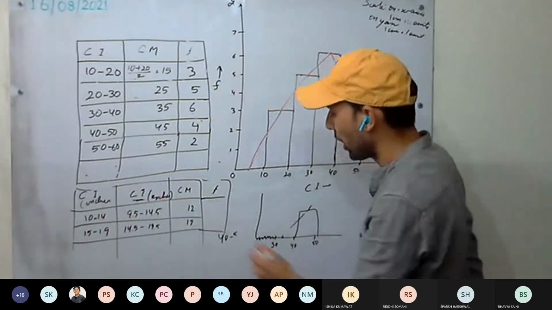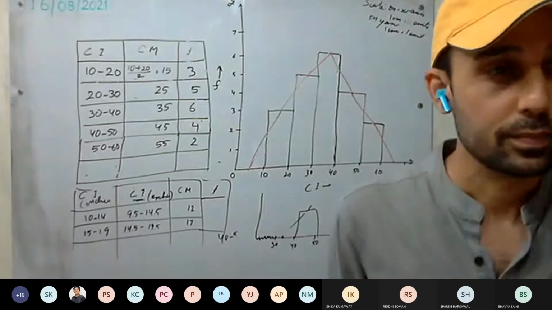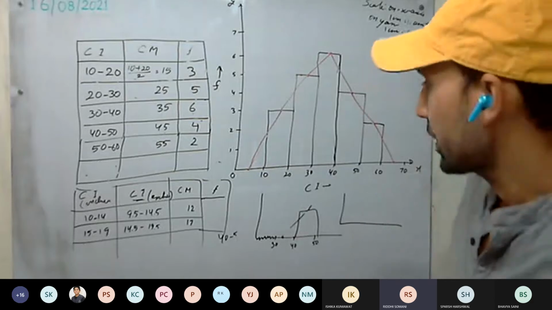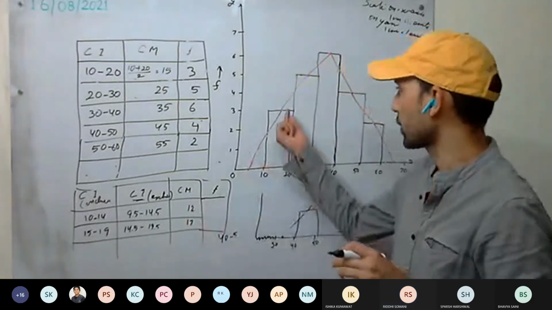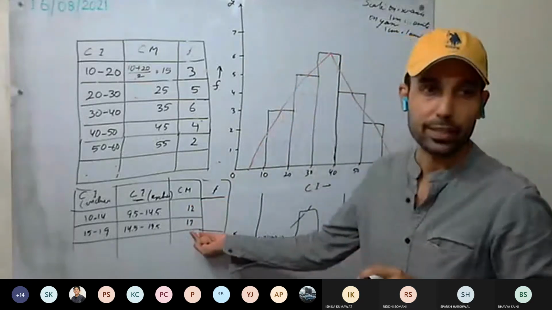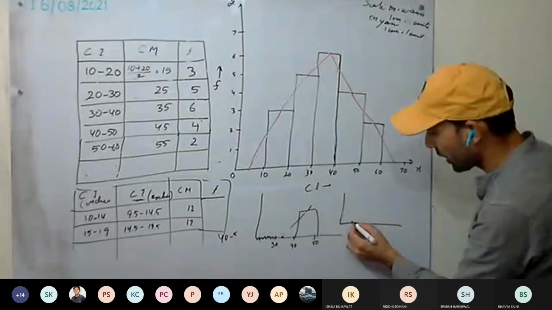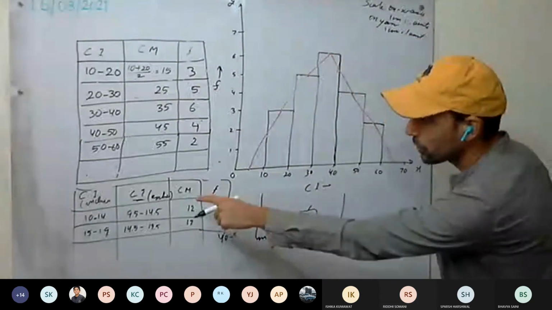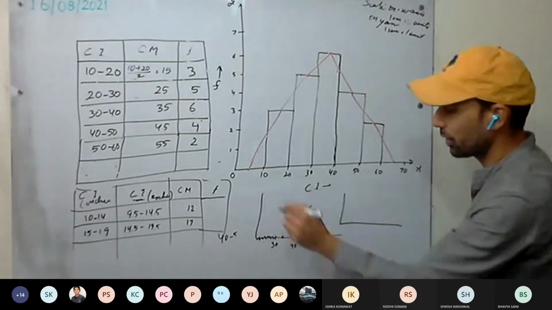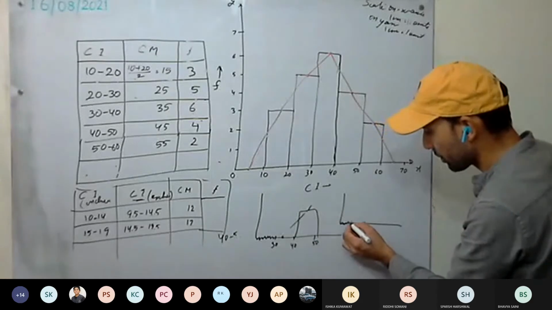Now how to draw that one? Is it necessary to calculate class marks? Class mark, yes, it's necessary here because we are going to mark the center value. Now how to draw? The first line, because we require 0.5, you will have a little bit of a kink.